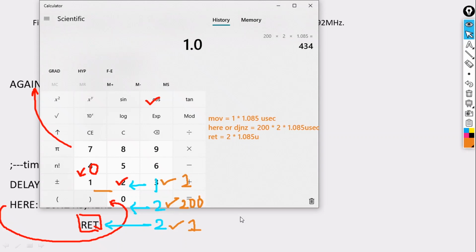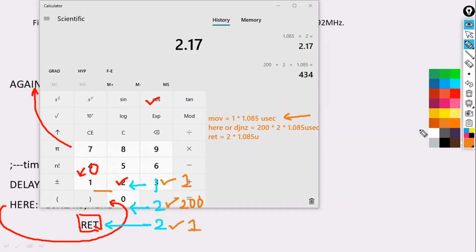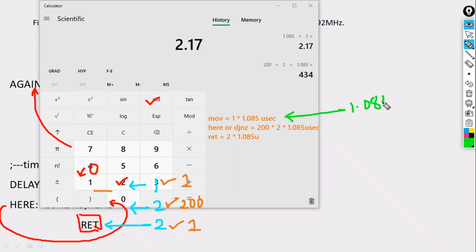So 1.085 into 2, I'll be getting 2.17. So if we perform these operations, the move is going to be 1.085 microseconds, the loop is going to be 434 microseconds, and the return is going to be 2.17 microseconds.